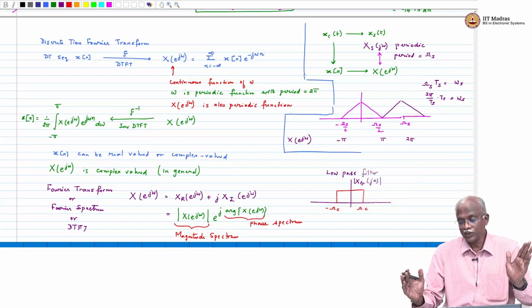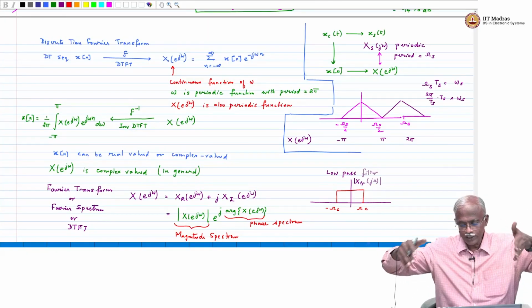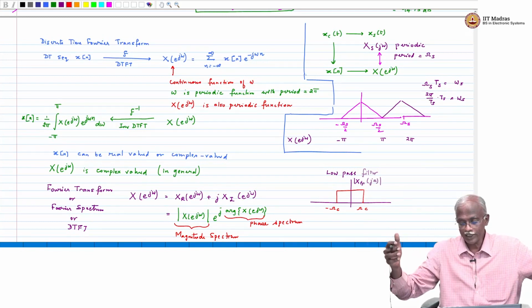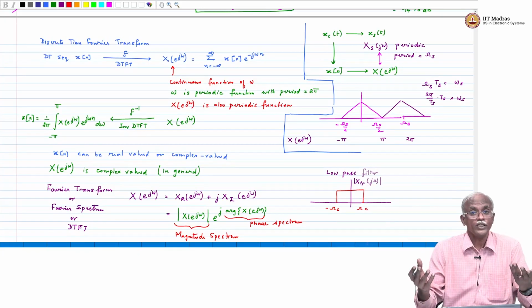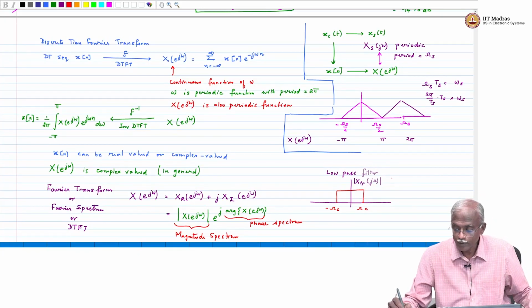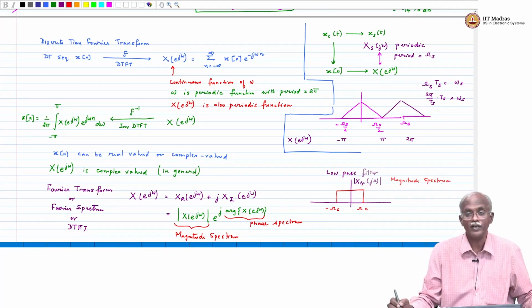We used this notation. Remember, we said that a reconstruction filter will be a low pass filter which goes from minus omega s by 2 to omega s by 2. Without explicitly stating it, we used the magnitude spectrum to specify a low pass filter.